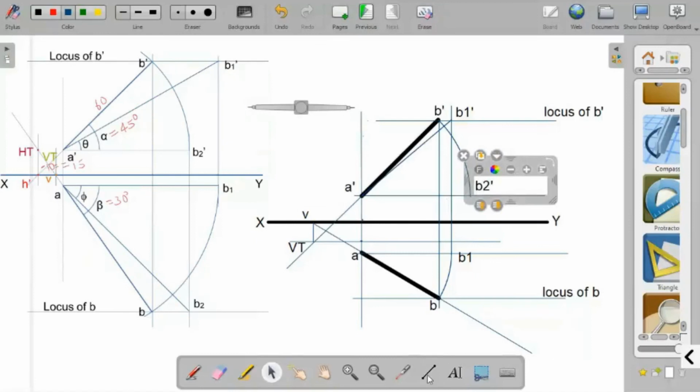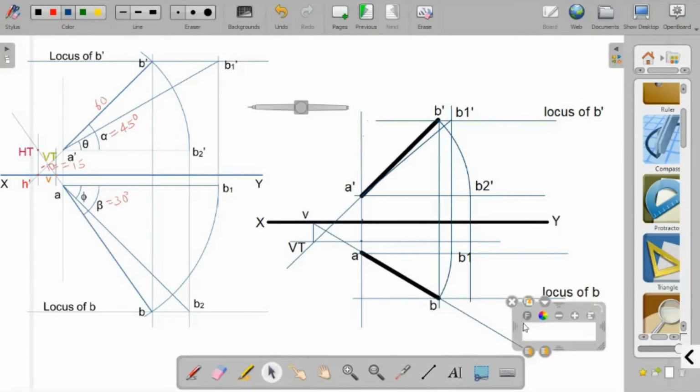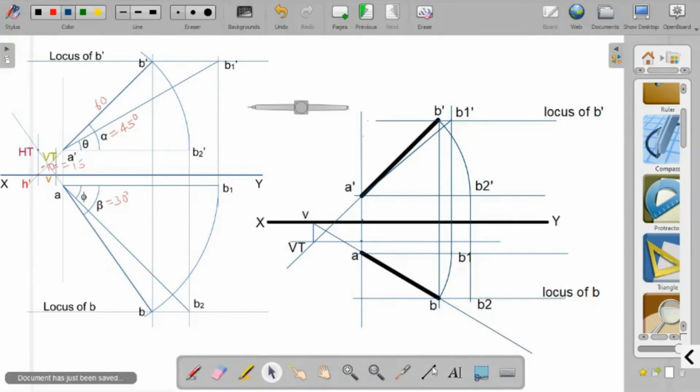And from B2 dash, you go to B2. So this is point B2. Now join point A with B2.